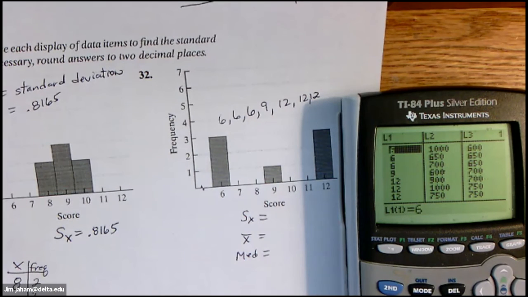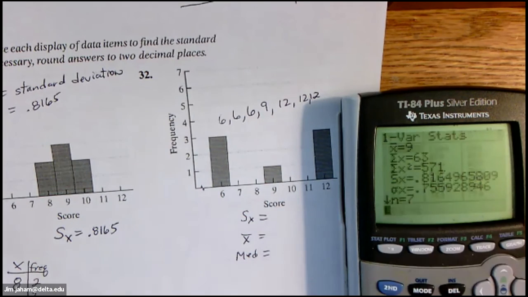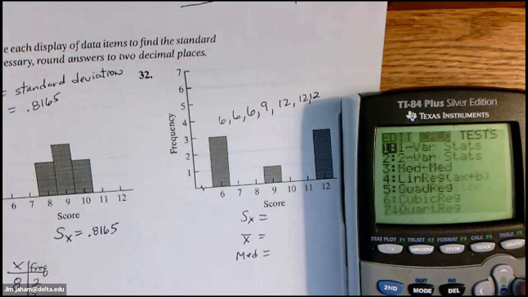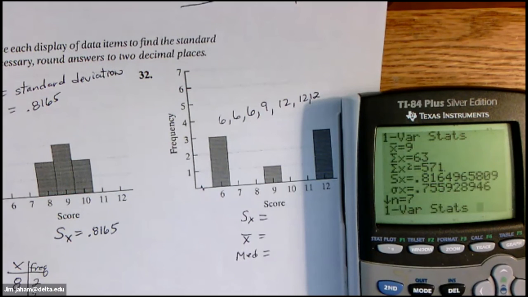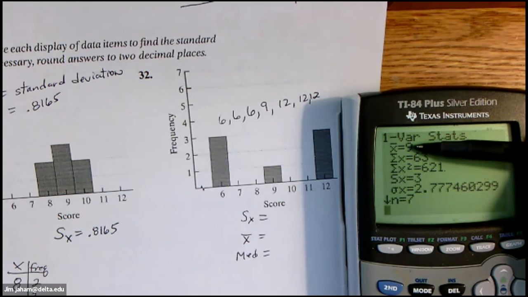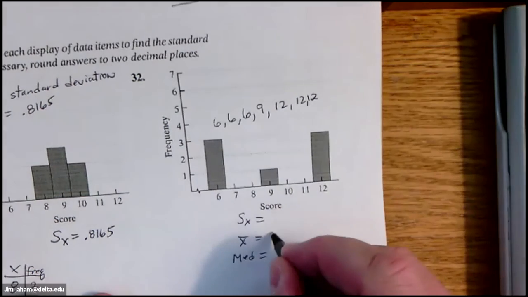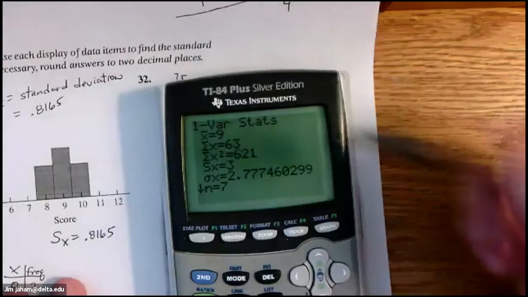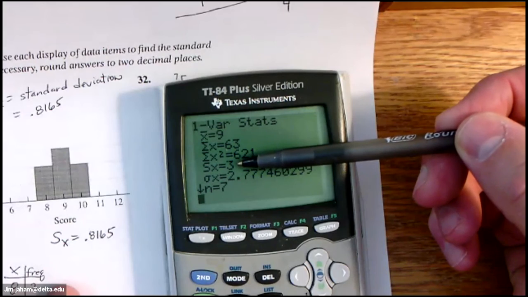All right, then I'm going to quit. Go back to the home screen. Stat, calculate, 1 variable statistics, L1, and then there's the mean. And there's the standard deviation.